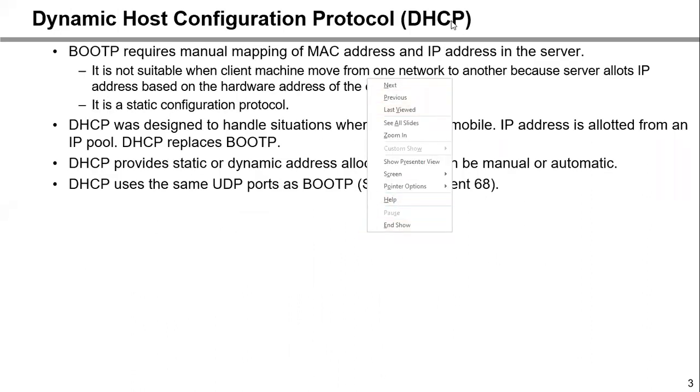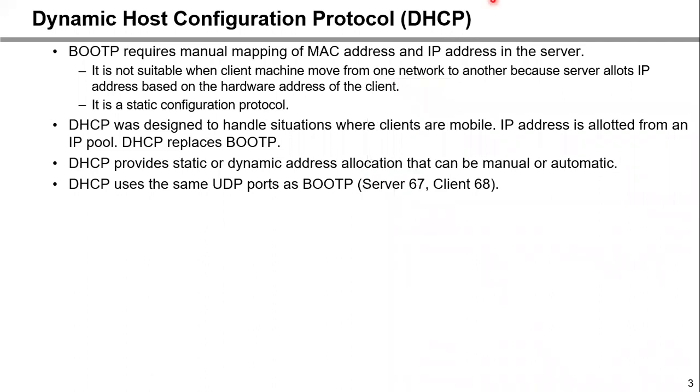Now we'll come back to the situation. Let me draw one more diagram. Let us consider that this is the DHCP server, and there are some machines you have bought, 100 machines, and you want to boot these machines, or assign IP addresses to these machines.